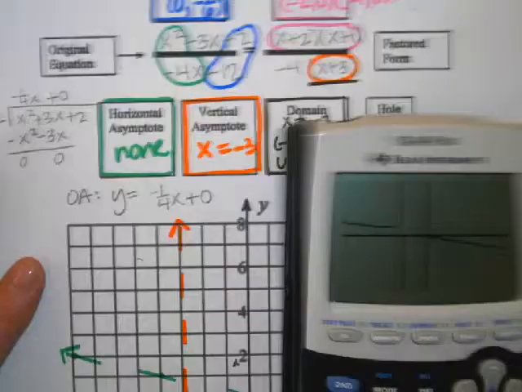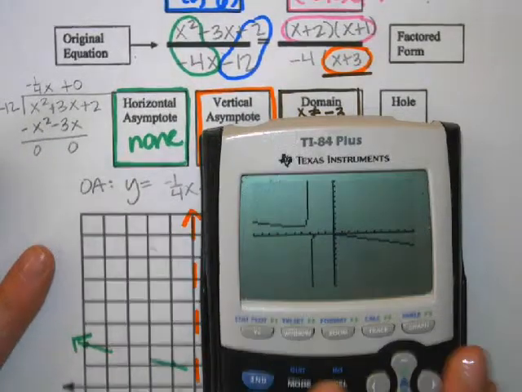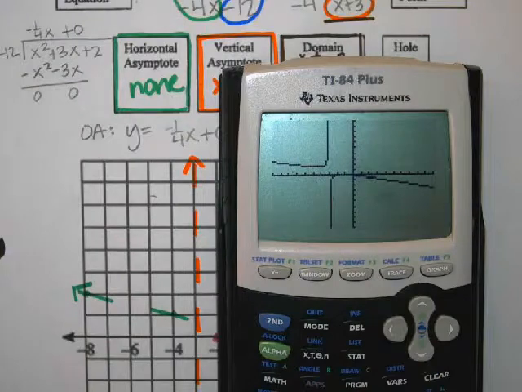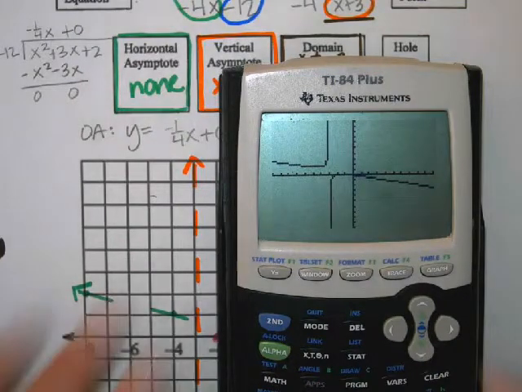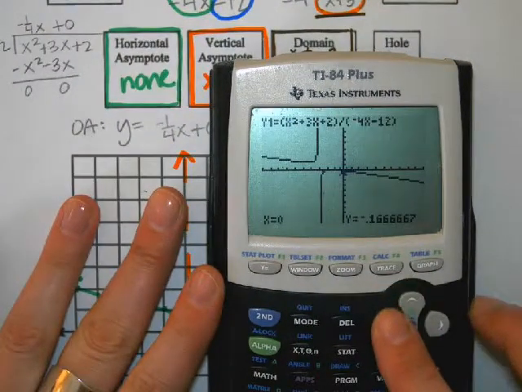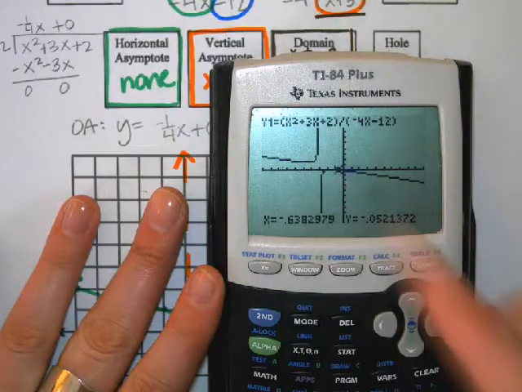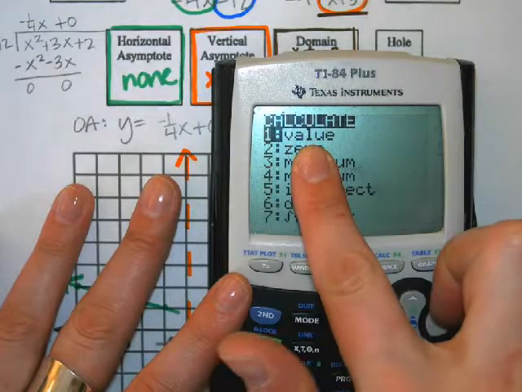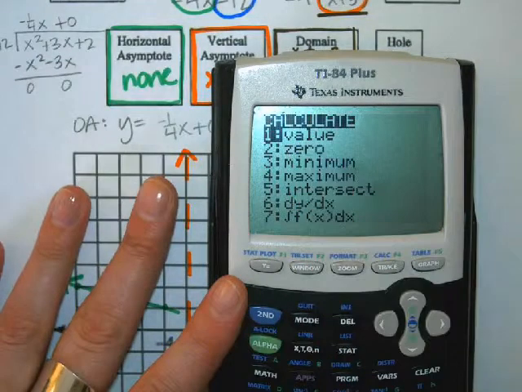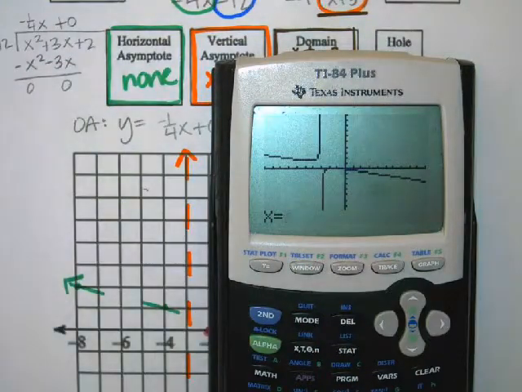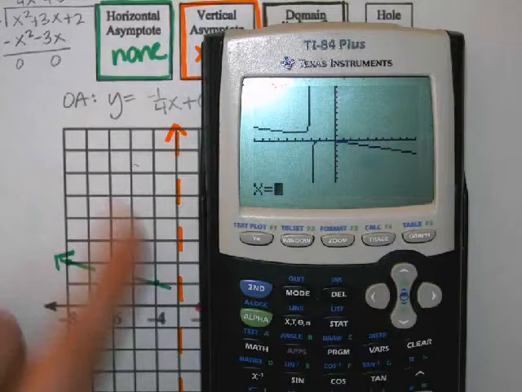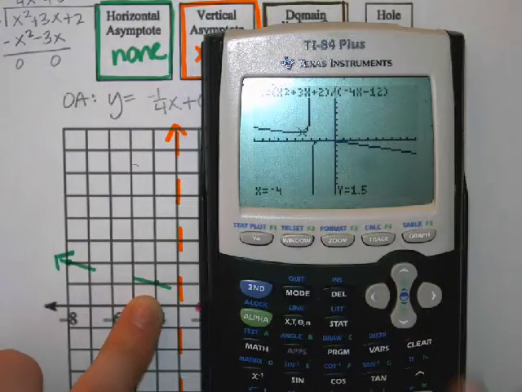Okay, so I want to, what method did you guys prefer to find the values? Typing in the values, trace? Okay, so you can hit the trace button, and then you just have to find where your cursor is, then you can write down some points. Or we can do second trace, and we can plug in the values that we want to find. Or if you just want to hit the graph, second graph, then you can look at the table, find some values that way. So I want to make sure, I don't have any points over here, I want to make sure to get some points over there.